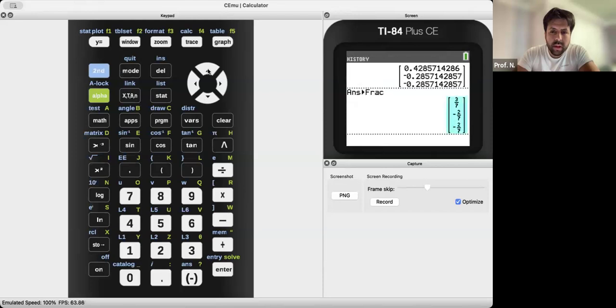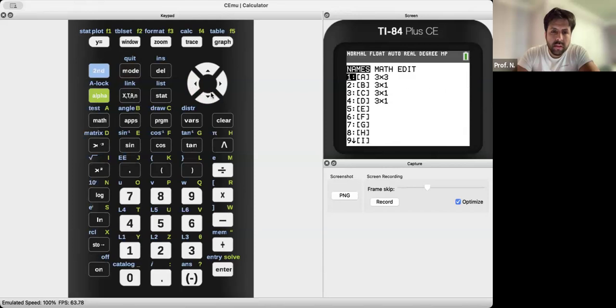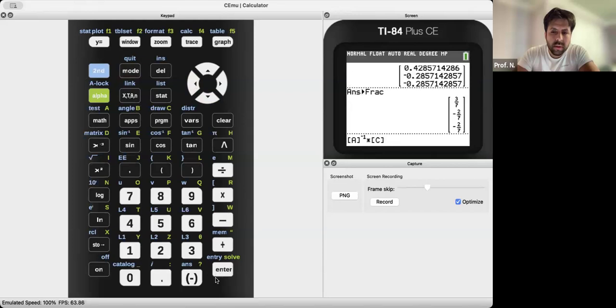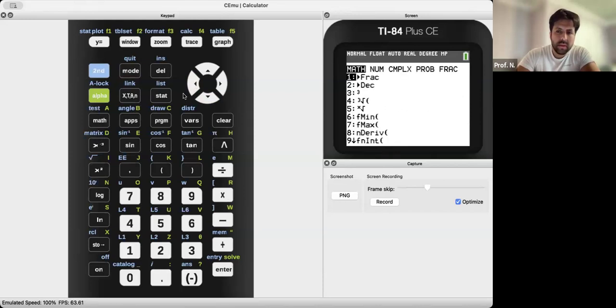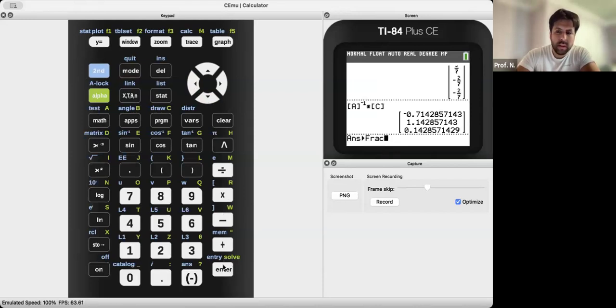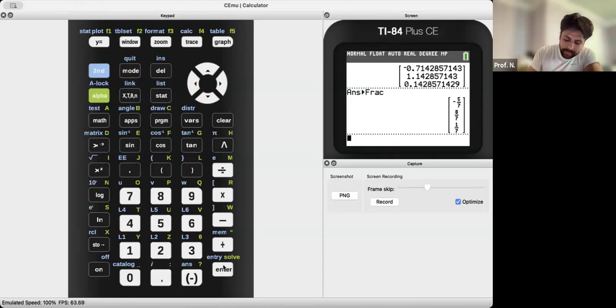So then I can do this thing again, but instead of B, I'll be using C. Press enter. So I solved the other one. Let me make that into fractions, because most of these are fractions. So I get -5/7, 8/7, 1/7.